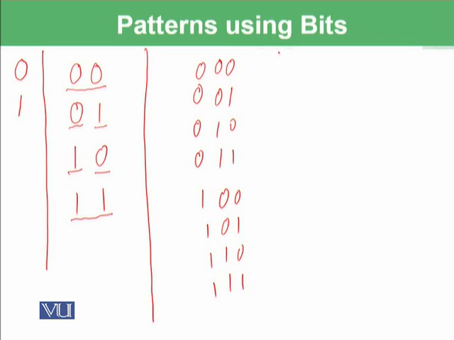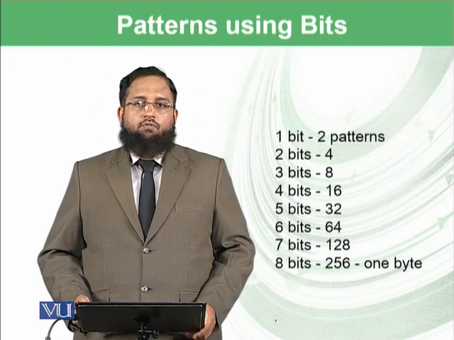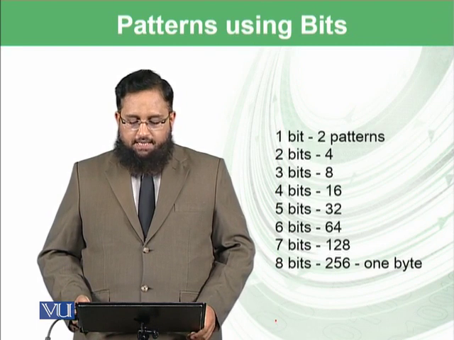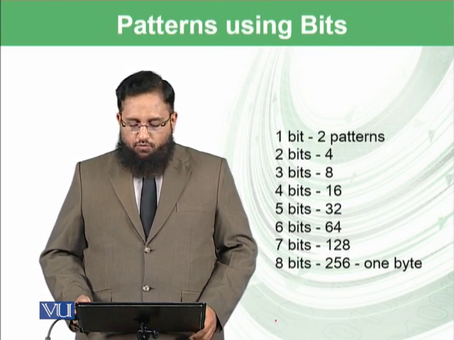So these are all combinations which can be made when we have 3 bits. Now if we conclude all of this, we can see that 1 bit can form 2 patterns.